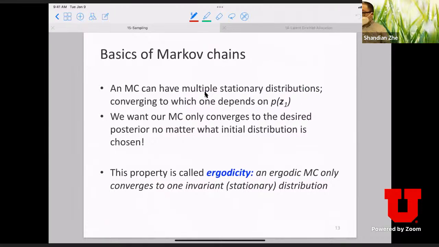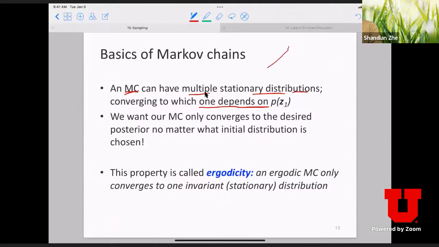A Markov chain can have multiple stationary distributions. That's why we don't want our initial state distribution to influence the final distribution the chain converges to. If you don't restrict a Markov chain, you can construct one which converges to different stationary distributions depending on the initial state distribution.